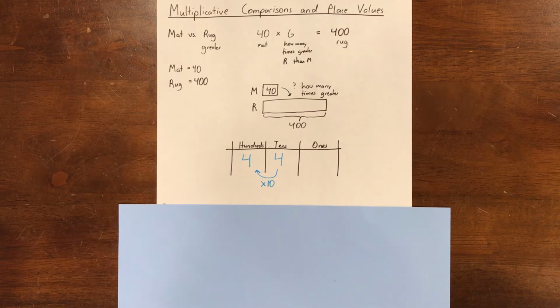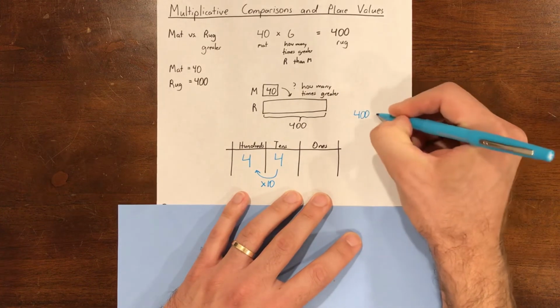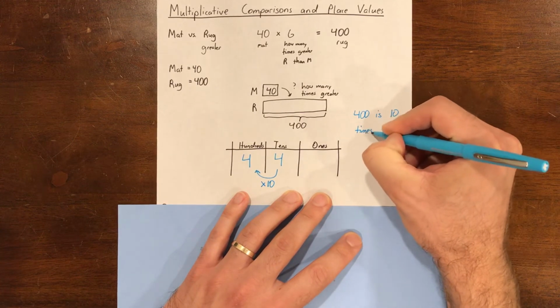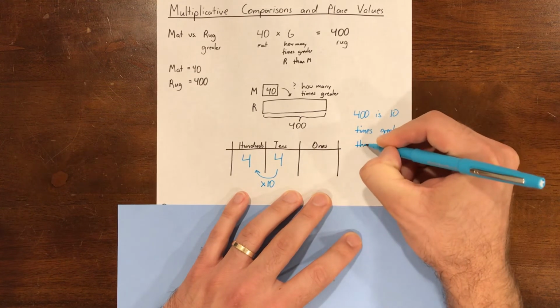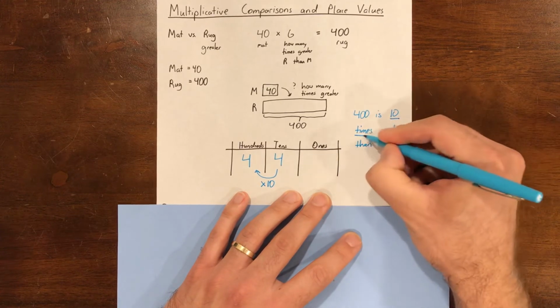So how could we describe that relationship using a comparative statement? Go ahead and say it out loud. Sure, we could say that 400 is 10 times greater than 40. 10 times greater.